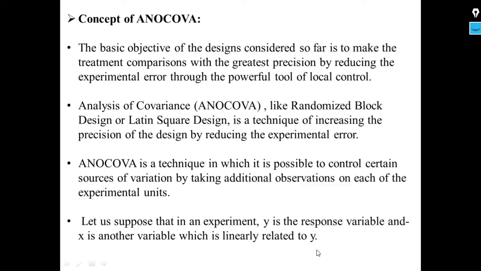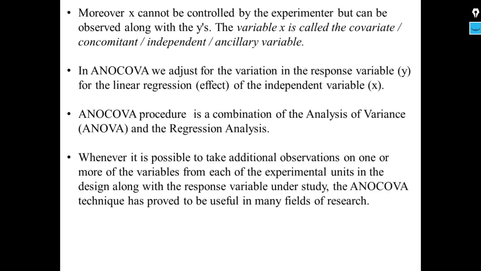This x variable cannot be controlled by the experimenter but can be observed along with the y's. So x is a variable which cannot be controlled by the experimenter, but observations for that variable corresponding to the response variable are observed.